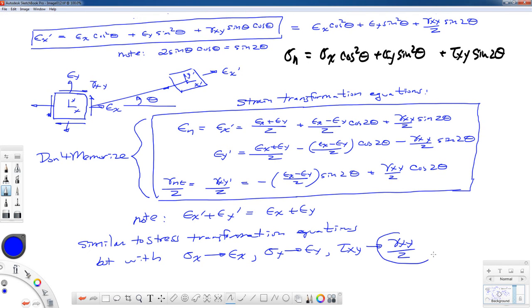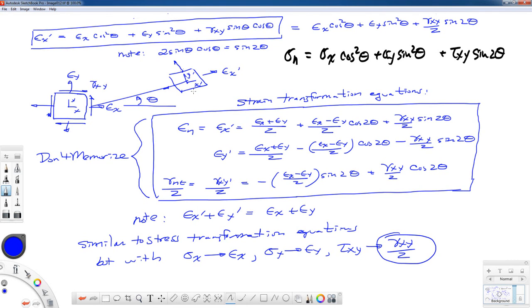And this thing is the thing that's a little bit different. We have to be careful about that. And when we do our Mohr circle of strain, we will have to account for that divide by 2 when we set it up. So now I can complete this picture.